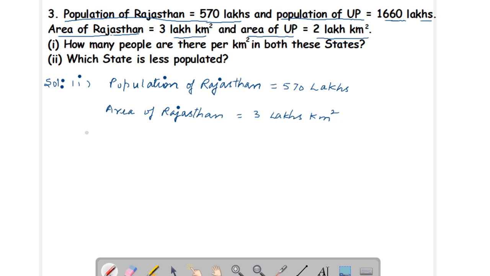Therefore, number of people per kilometer square is 570 lakh upon 3 lakh.